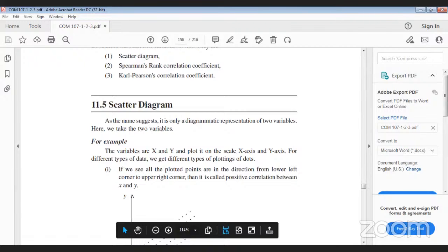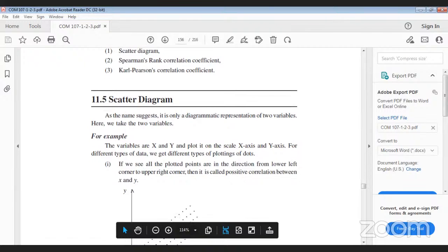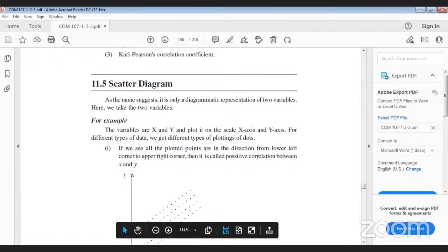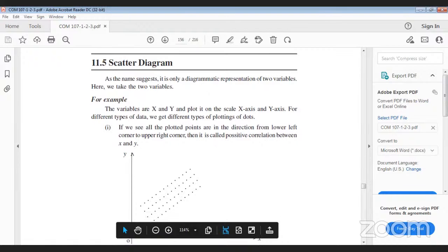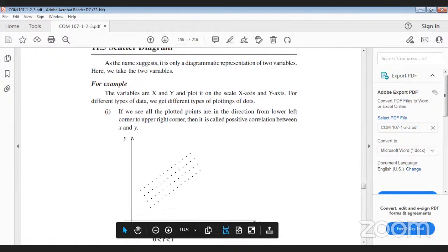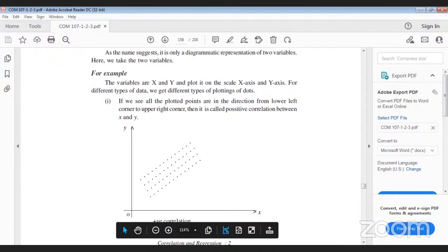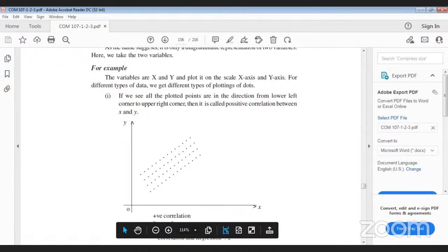First, if all the plotted points are in the direction from the lower left corner to the upper right corner, then this is called positive correlation between x and y. Here is the given figure in your book.